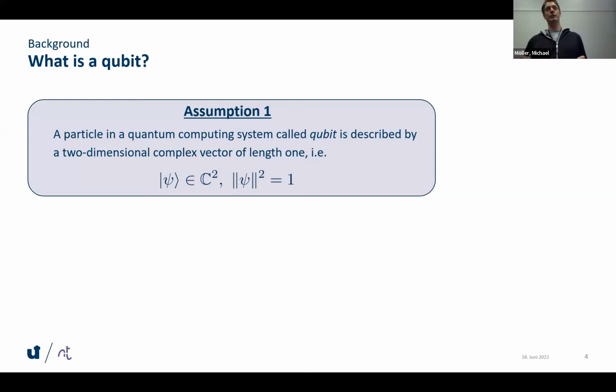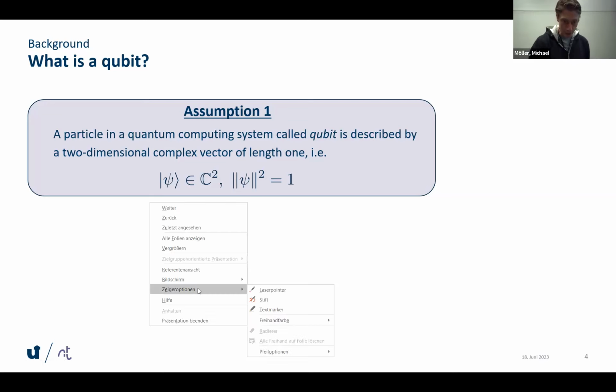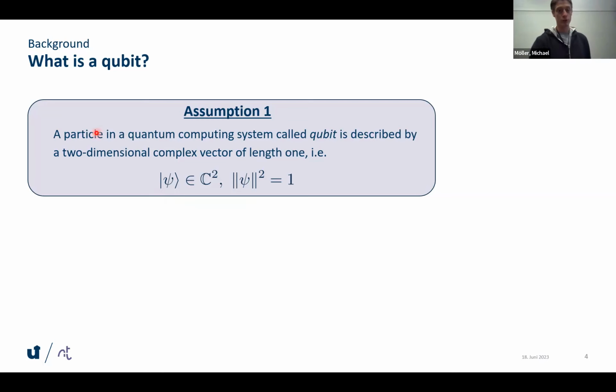And this is the first part already where a quantum computer would differ, namely quantum bits, or short qubits, would be mathematically rather a vector of length 2, a complex vector of length 2, where I am adapting the notation that physicists often use, called ket notation here. Don't be irritated by this bar and this bracket. This is just a vector in C^2, and these qubits are described by vectors of length 1.